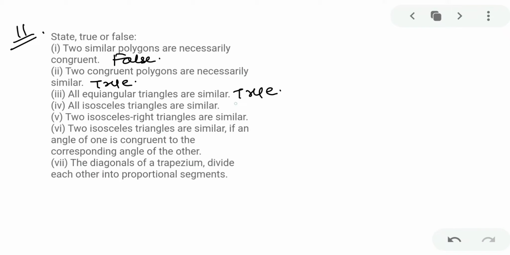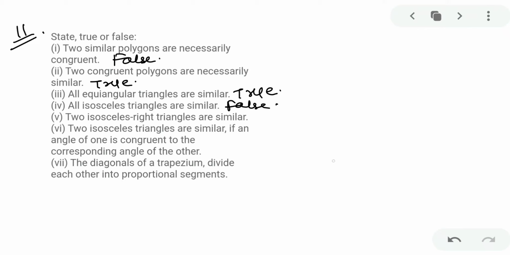Your next is all isosceles triangles are similar. How come all isosceles triangles will be similar? No, it's not as necessary that isosceles will have same angles. So you can put it as false. Your next is two isosceles right angle triangles are similar. Okay, let me check what they are saying. I'll repeat again.